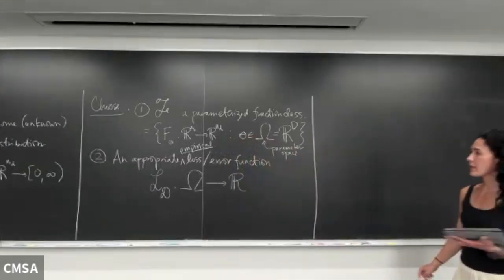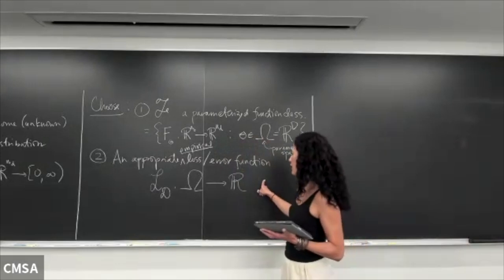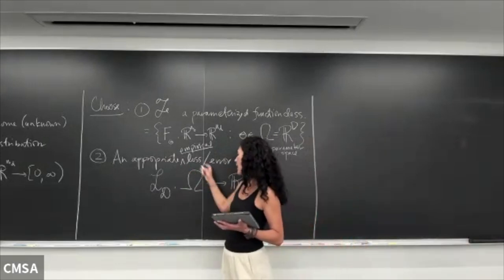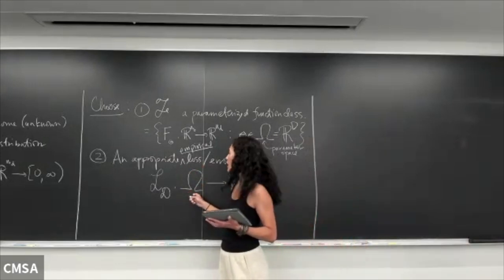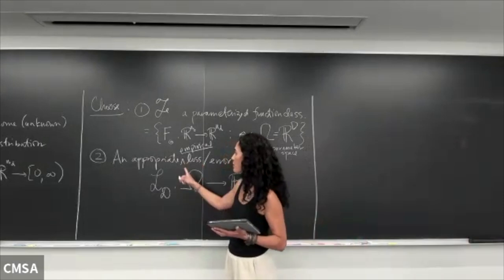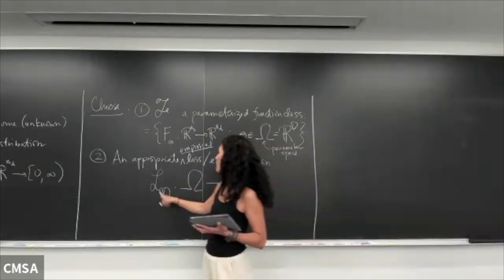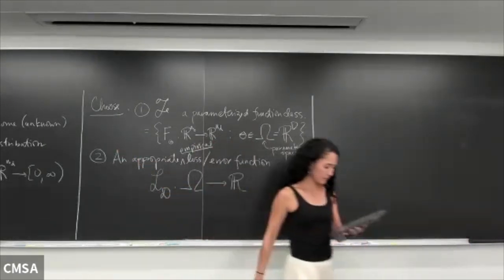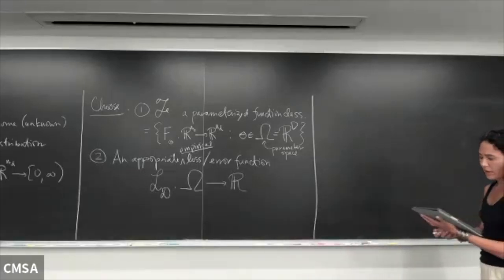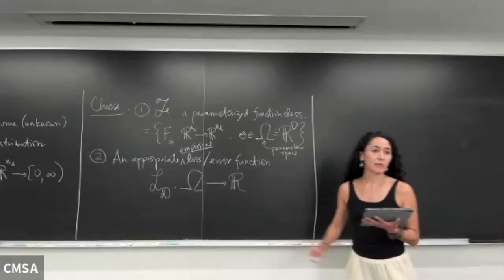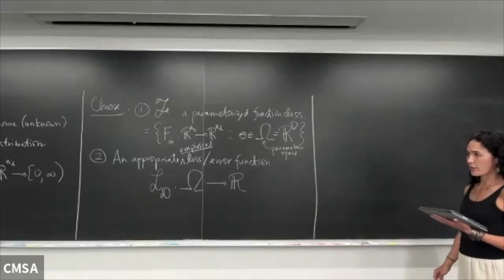And the idea is that from this bag of functions, we're trying to minimize this empirical loss over this parameter space. This can come in various forms, but let me just be quite general for now.